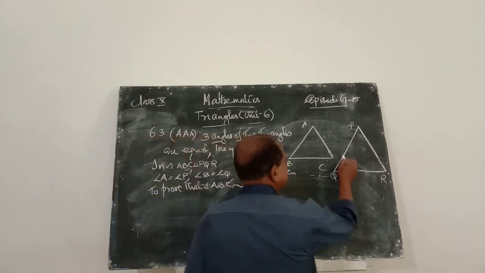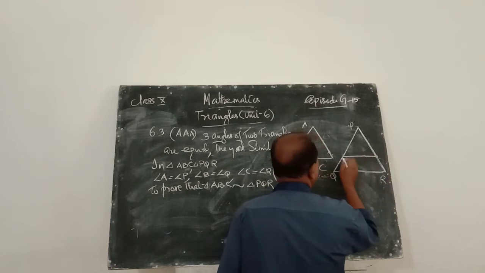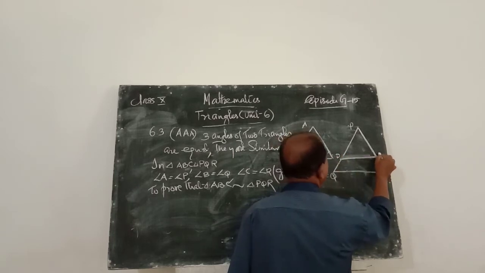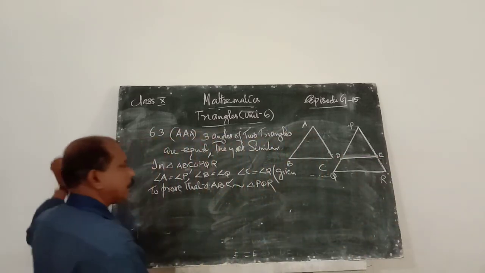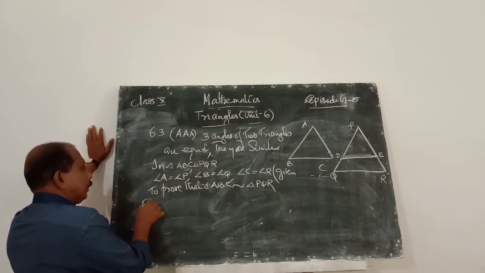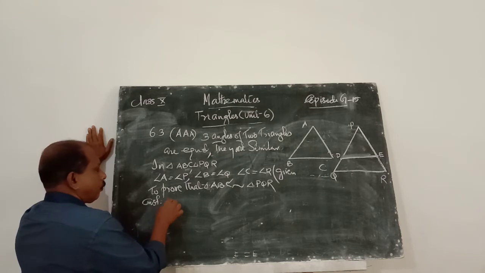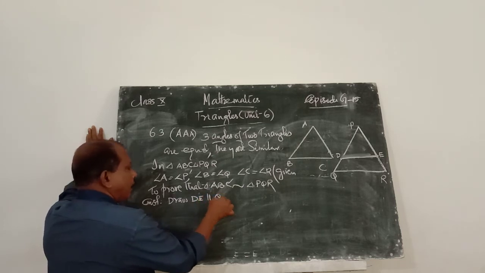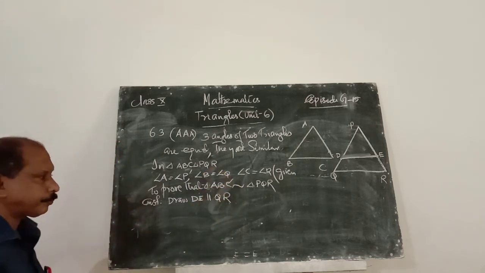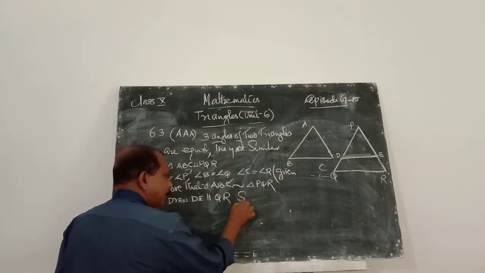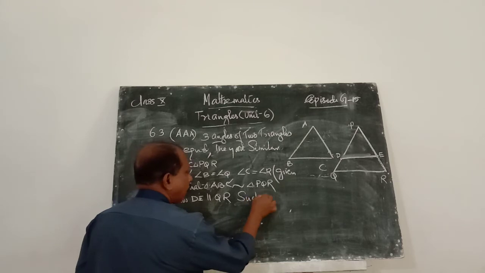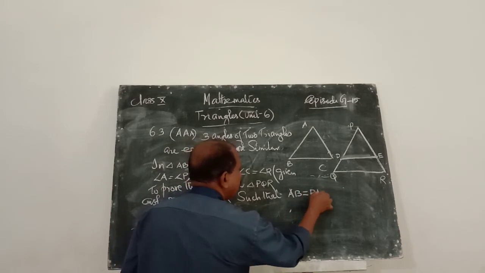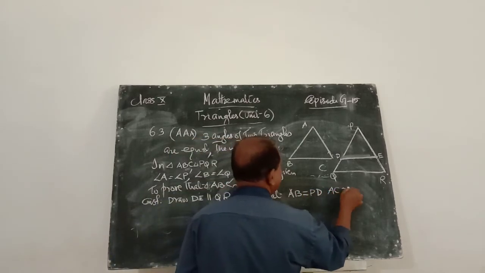Construction: draw DE parallel to QR such that AB is equal to PD and AC is equal to PE.